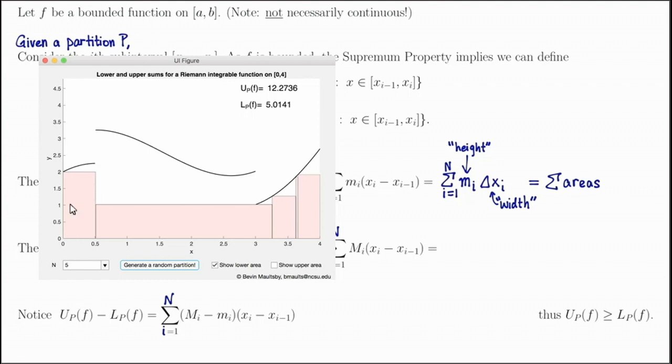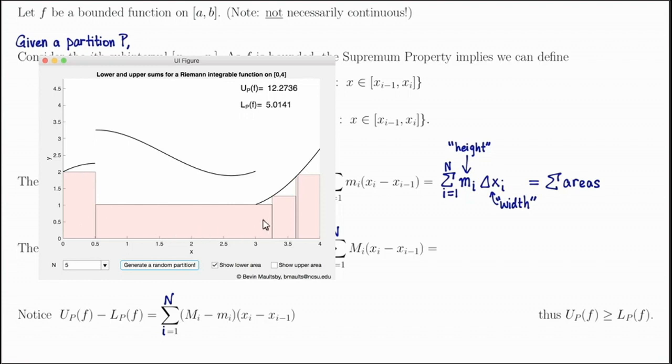If you look at this first rectangle, the infimum of f is actually being given by this left value over here. So this is the infimum of all the set of outputs that f takes over this first subinterval. What we would be adding up to get this lower sum, which is about 5.0141, would be the width of the subinterval times the height of that infimum value.